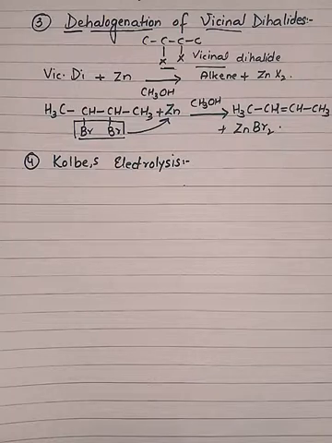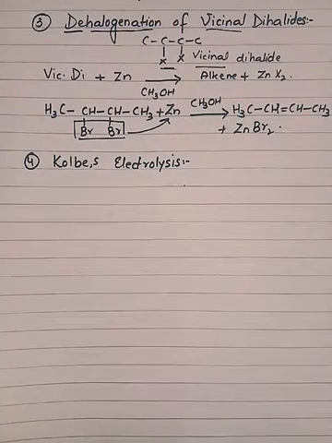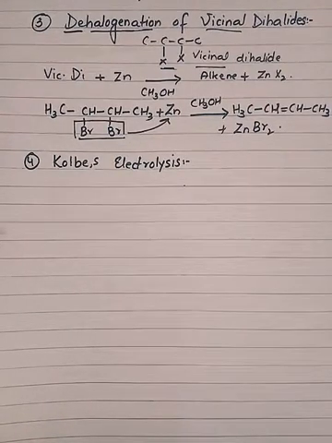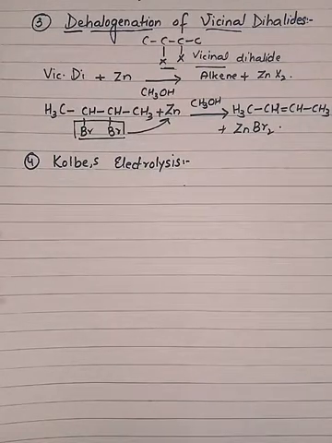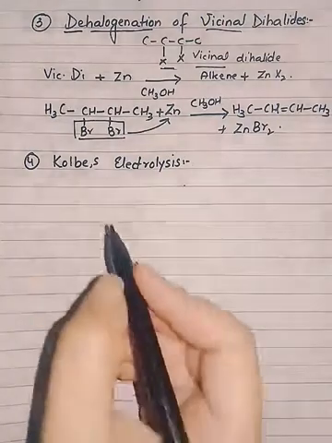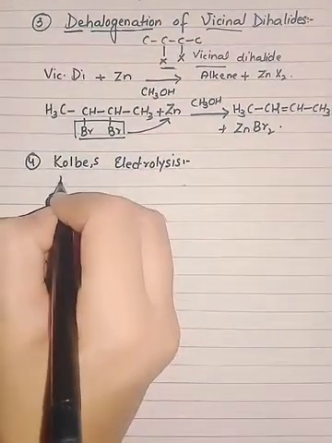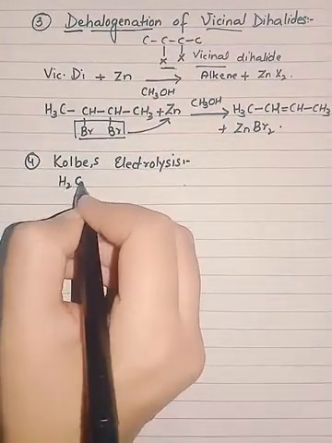When sodium or potassium salts of dicarboxylic acids like succinic acid, etc., are subjected to electrolysis and the medium is aqueous, the alkenes are formed. For example, here we will take disodium succinate.